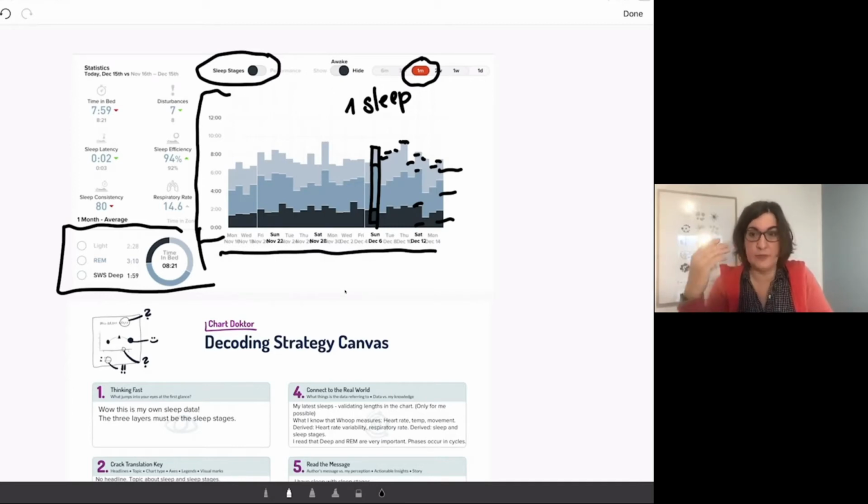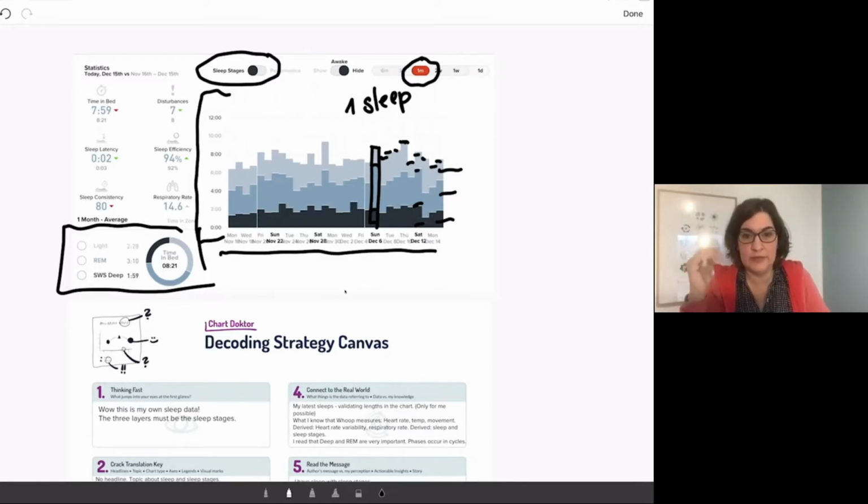Also the respiratory rate, and based on all these metrics, WHOOP somehow calculates the sleep stages, right? But it's not open source, and I'm not sure what kind of algorithm they use and how reliable it is. I just know that WHOOP is one of the best. They say one of the best fitness trackers detecting sleep stages.